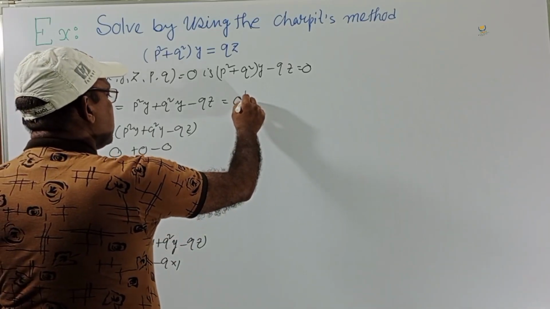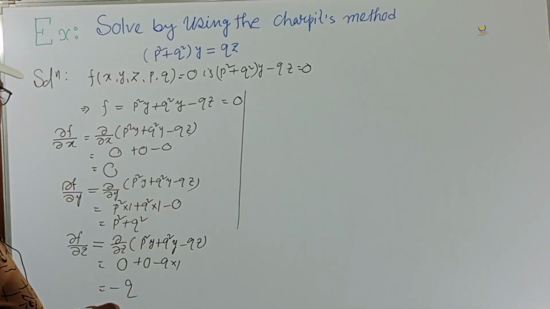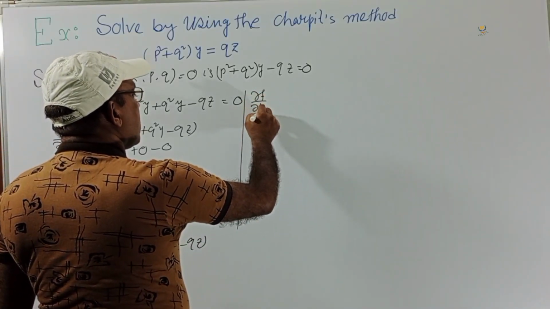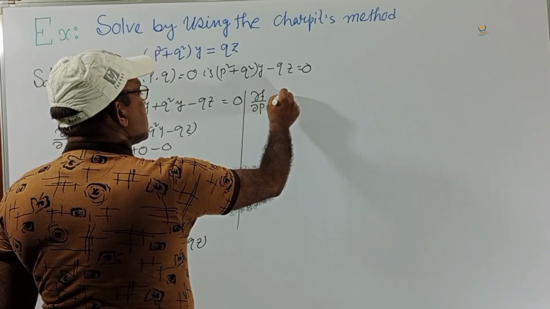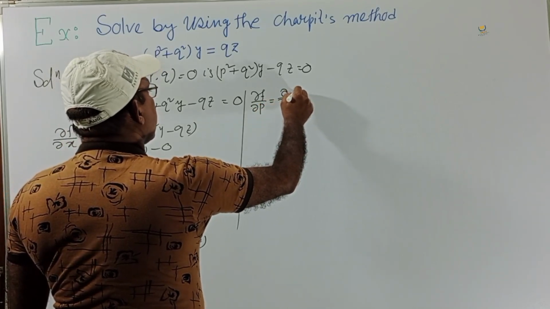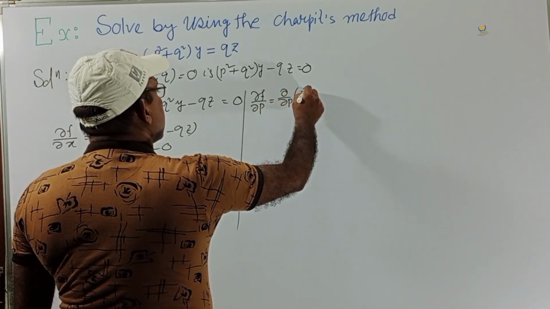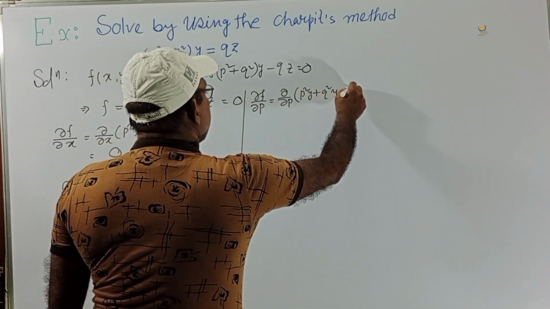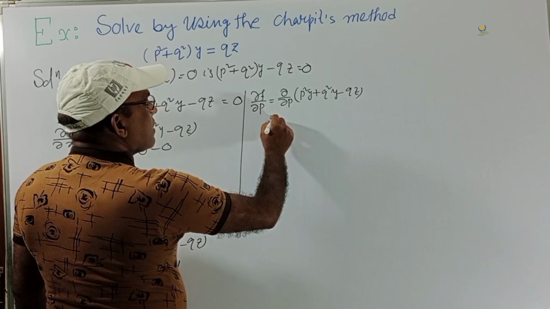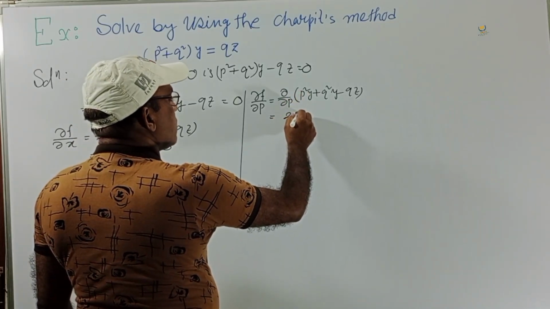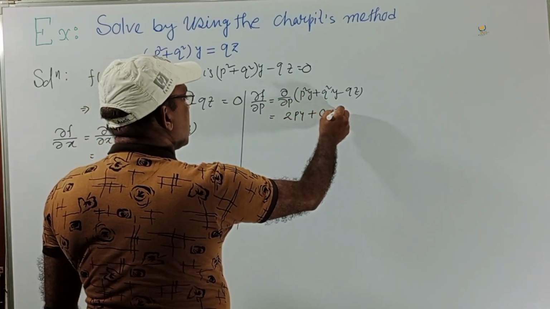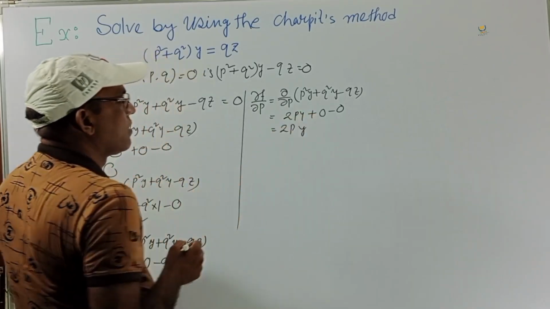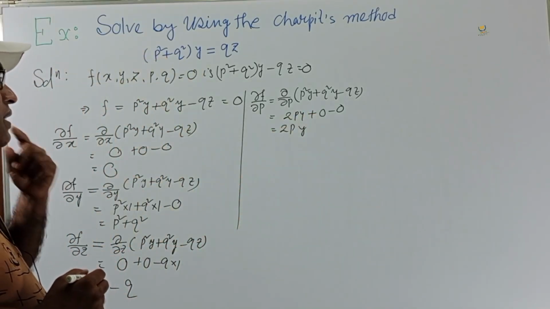Next we consider del f del p. Differentiating p²y + q²y − qz with respect to p gives 2py + 0 − 0, so del f del p is 2py.